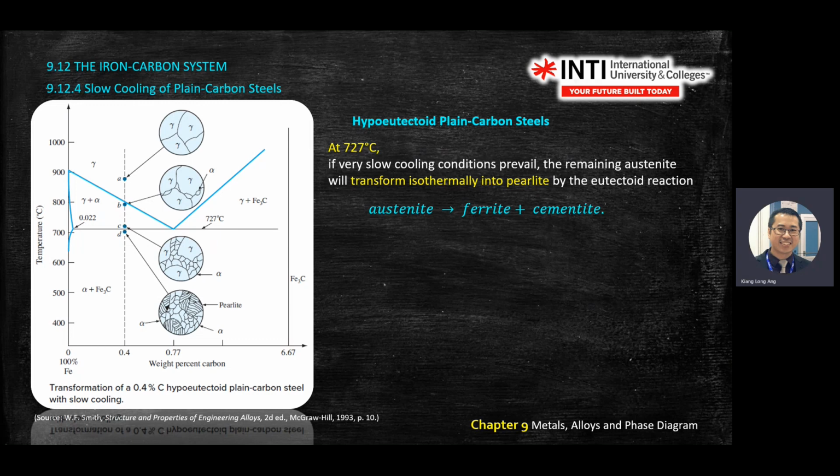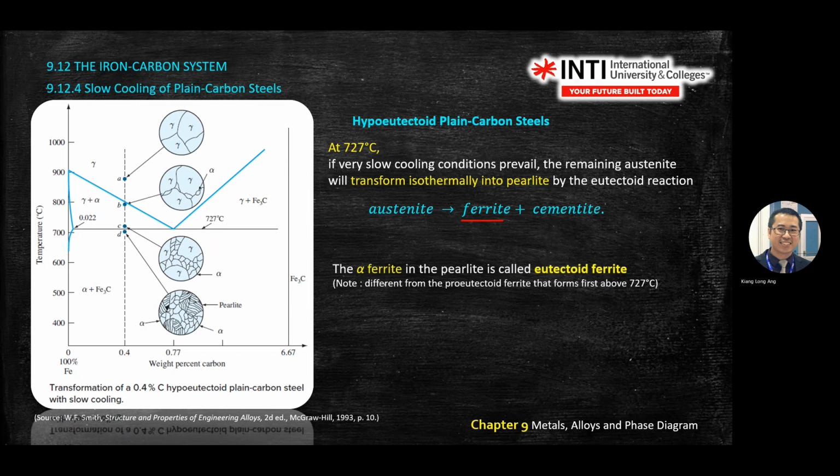So there's an equation at this straight line here, 727 degrees C. You will convert austenite to ferrite plus cementite. Okay, this one is alpha.